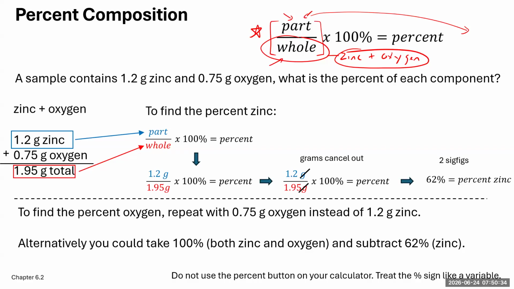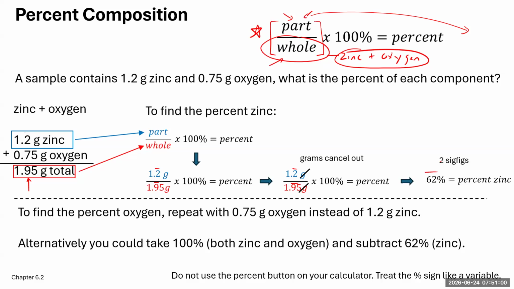Zinc and oxygen. So we do 1.2 grams divided by 1.95 grams. The grams cancel out, and then we're left with 62%. And we have two sig figs because here there was one decimal. So this is where the sig figs ended. So that's 2 digits, 2 digits, 2 digits, 2 digits. So we should have 2 digits in our sig figs.